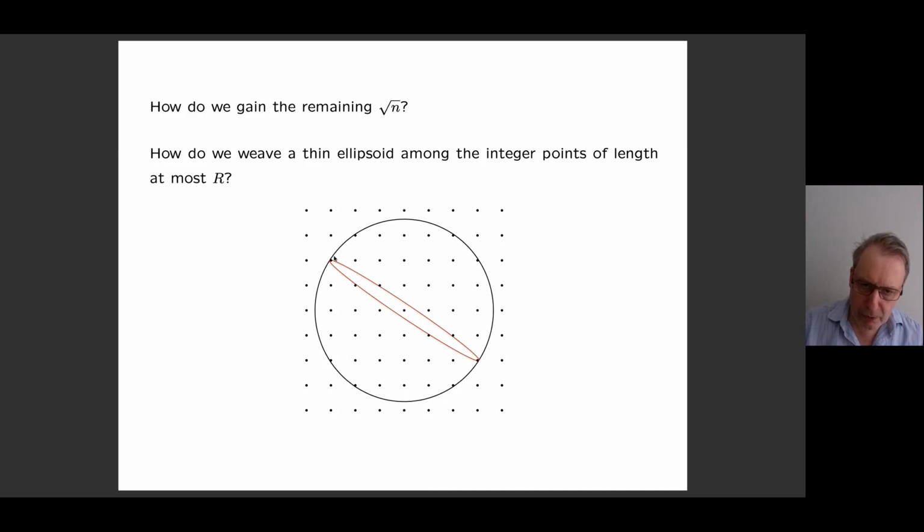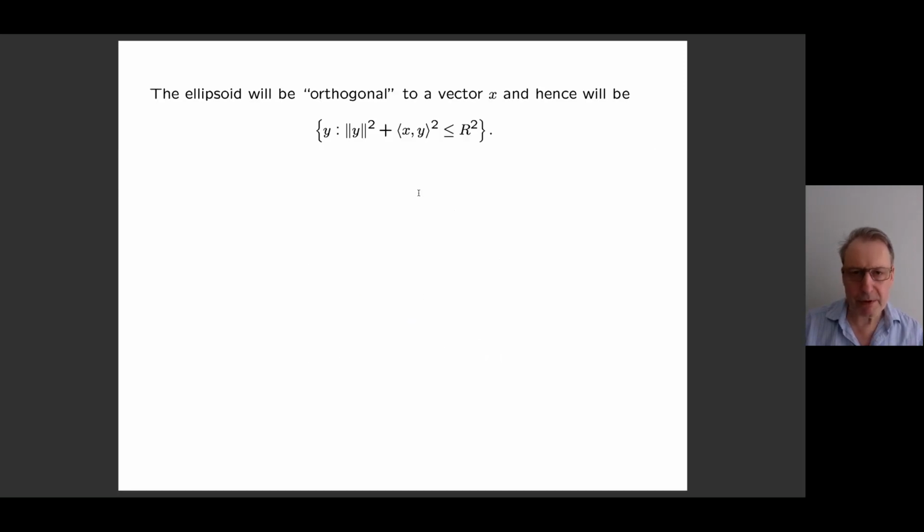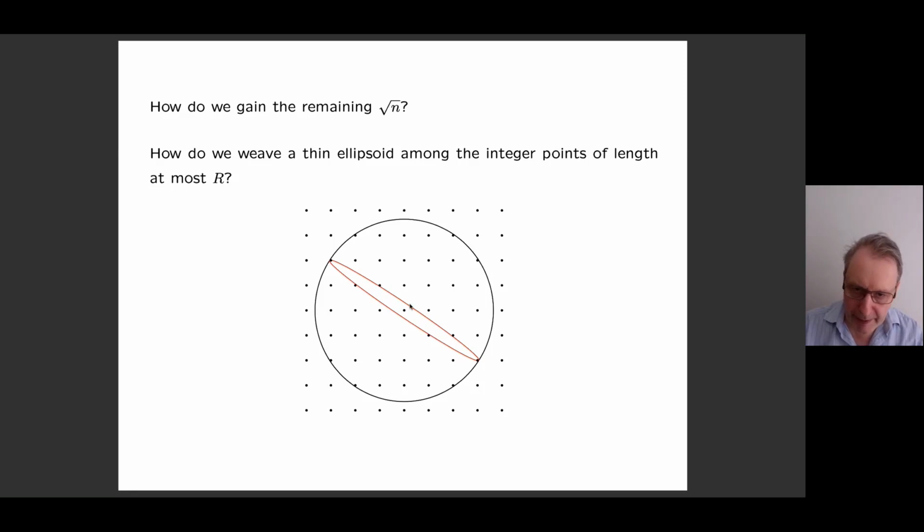And then, of course, in all the other directions, the ellipsoid is going to have radius r. And that means that the inequality that determines the interior of the ellipsoid is this one, right? So if y is perpendicular to some vector x, then this just says the length of y is at most r. So our x will be in this direction, phi, if you like, but it's not going to be a unit vector.